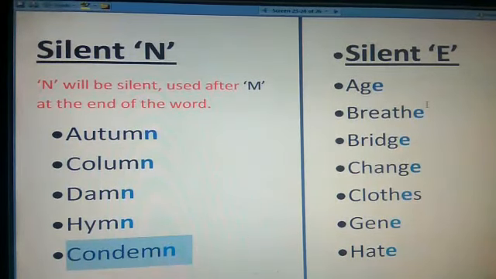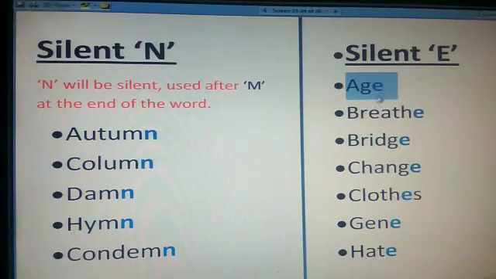Now move on to the next silent letter, that is E. Very usually we see that when a word ends with E, sometimes we do not pronounce it. Let's take the example.